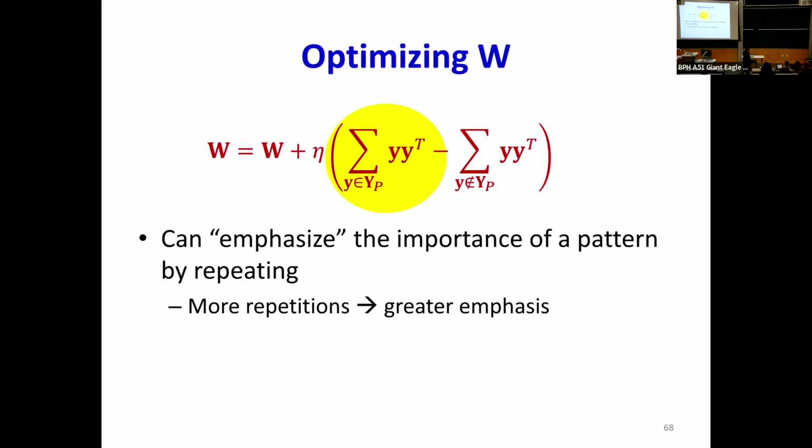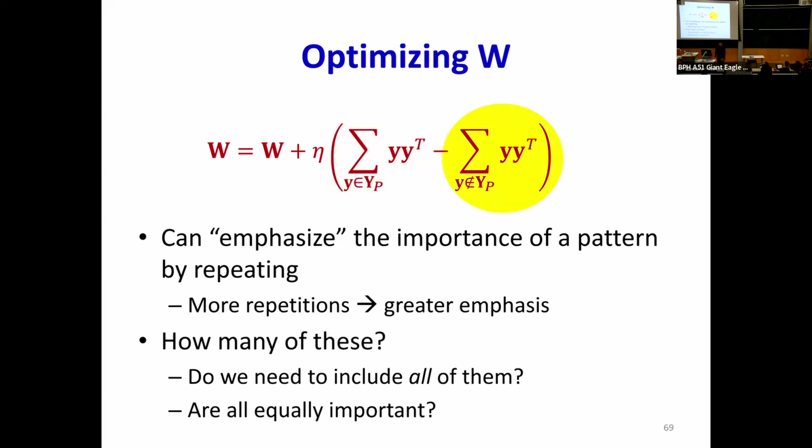Things which are drawn more frequently are going to be more memorable. Things which are drawn less frequently are going to be less memorable, right? And so more repetitions is greater emphasis. And these guys, they're going to be an exponential number of them. So the question we ask ourselves is, do I really need to include all exponential numbers of terms in order to actually perform my gradient descent?